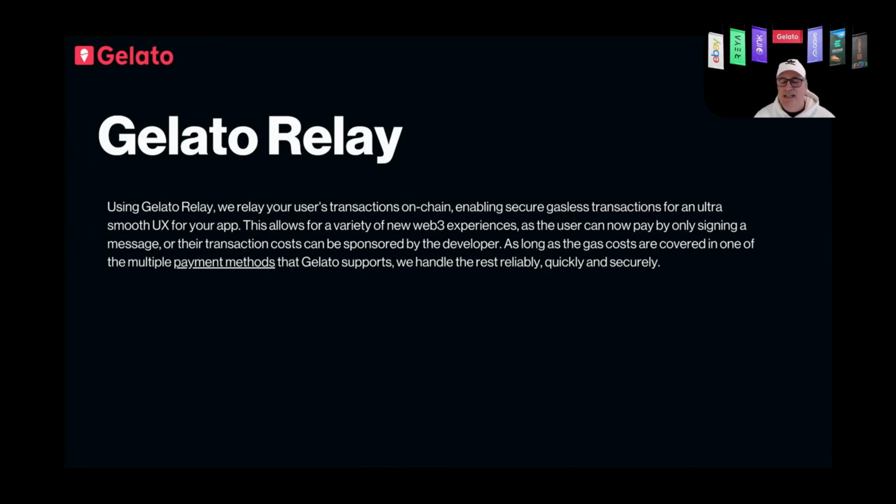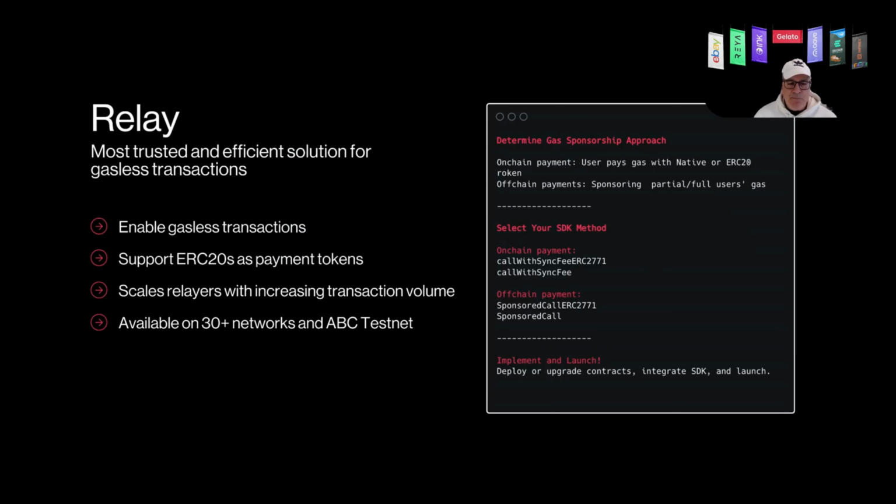And as we have seen in the use cases, there is a huge variety of use cases where you can use Gelato Relay. So what is important to know about Gelato Relay? First, that we enable gasless transactions. Second, that we support ERC-20s as payment tokens.